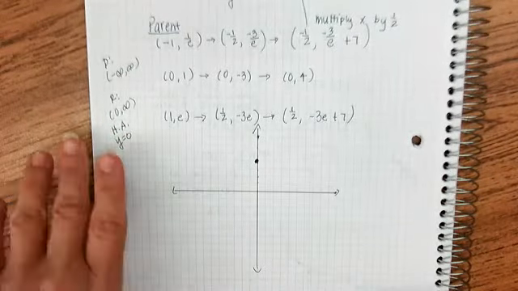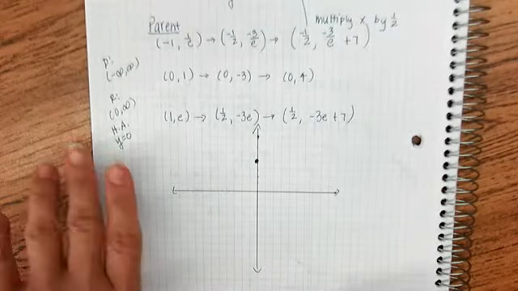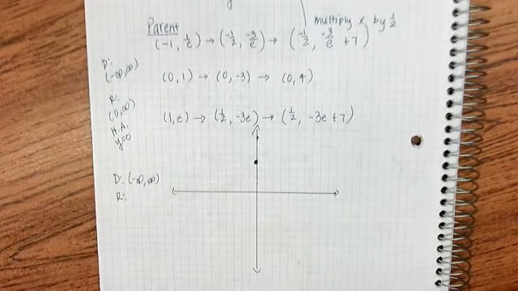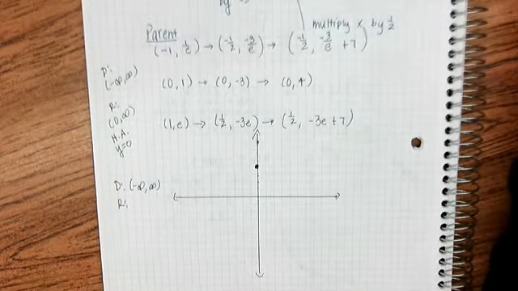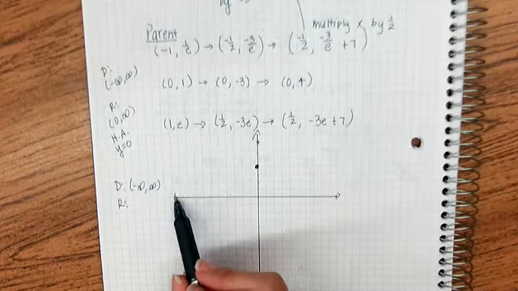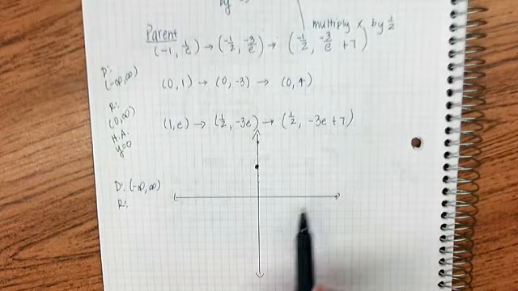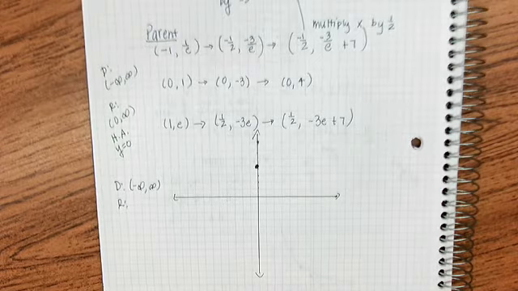The domain is still all real numbers. If we have shifted this graph up 7, normally my horizontal asymptote is at 0. Now my horizontal asymptote is at 7.